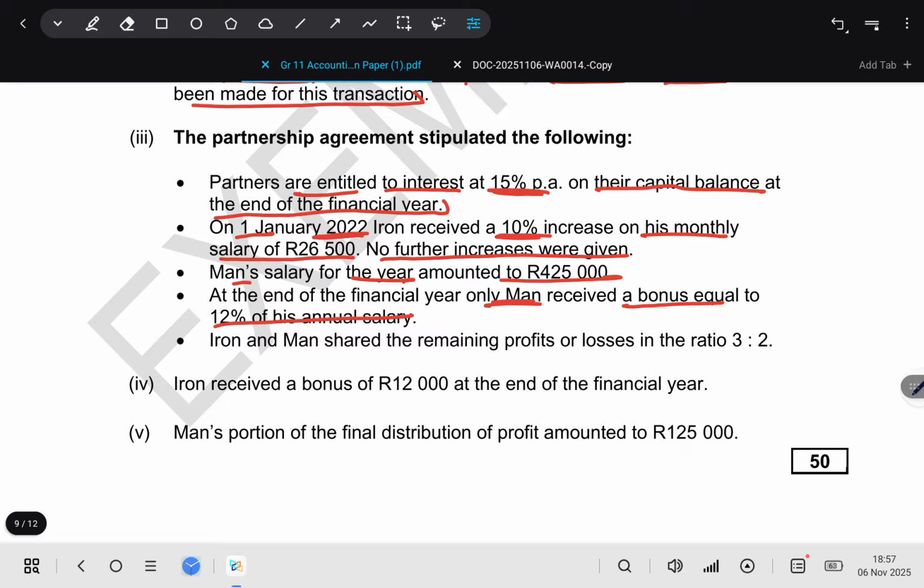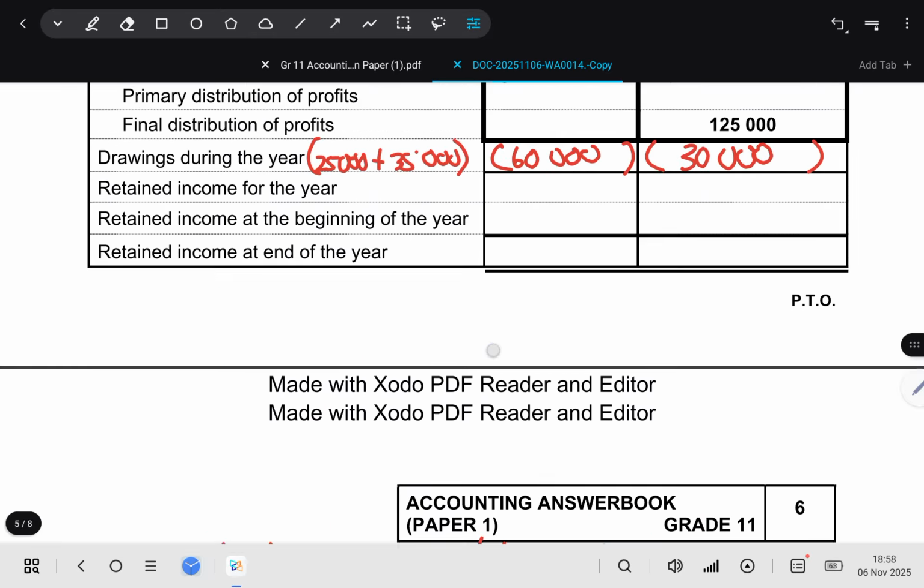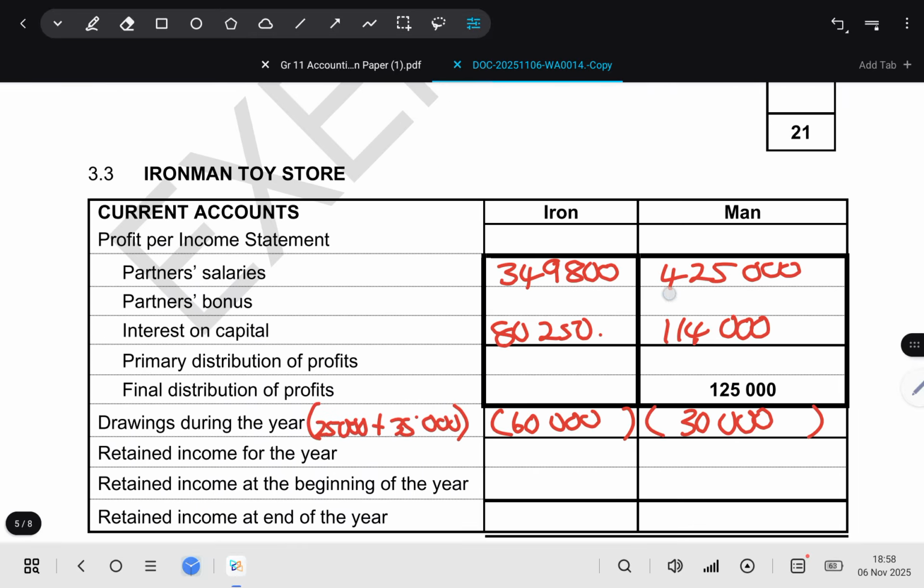Remember, they said his bonus is only 12% of his annual salary. So 425,000 multiplied by 12 divide by 100 gives us 51,000. So under bonus for men, we are going to write 51,000.